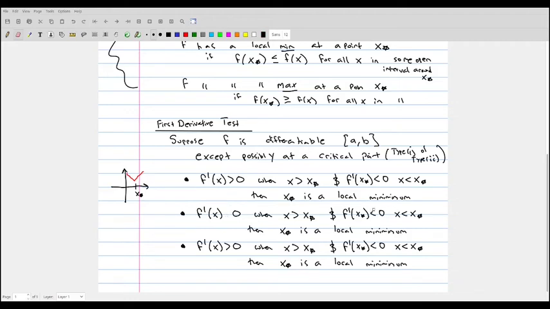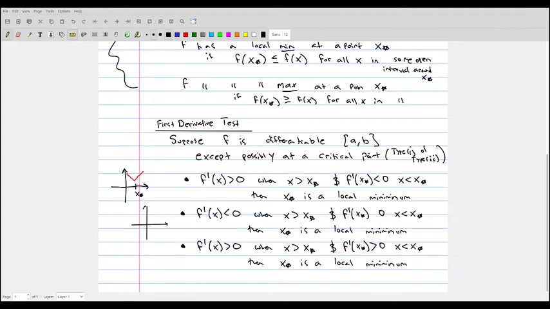The next statement is that if the derivative of the function is negative, or the function is decreasing to the right of that critical point, and it's increasing to the left of that critical point, so it's positive to the left of the critical point, then that critical point has to be a local maximum.